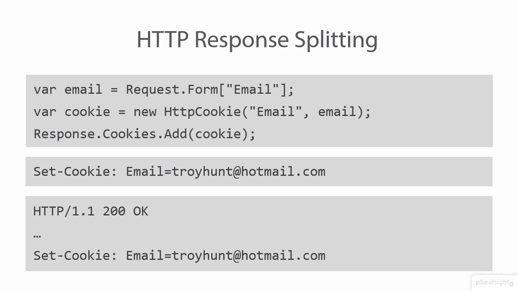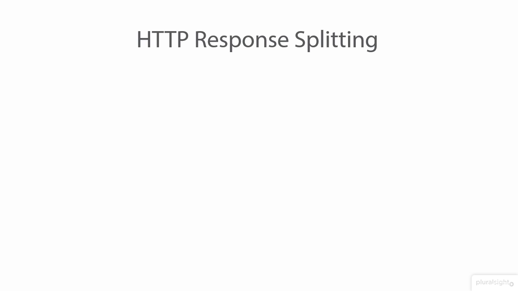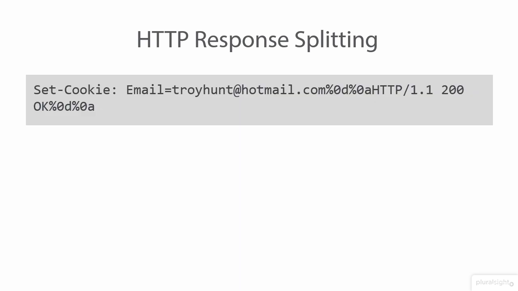Now let's talk about how response splitting actually works. So let's imagine that the cookie that was being set looks more like this. Now inevitably, this value would have been passed in the form variable named email. Now it starts off the same, it's my email address. But after that we have some URL encoded characters. And what we're actually looking at here is a carriage return, that's the %0D, followed by a line feed, that's the %0A.